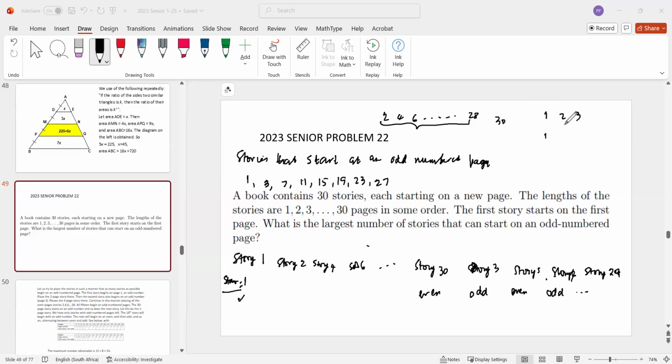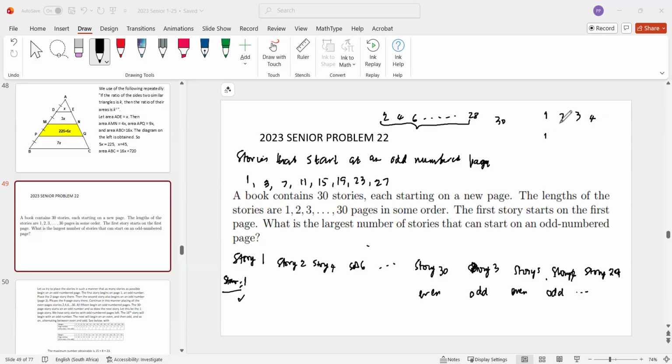Page 2 starts the 2-page story, and it ends at 3. So the 3-page story.